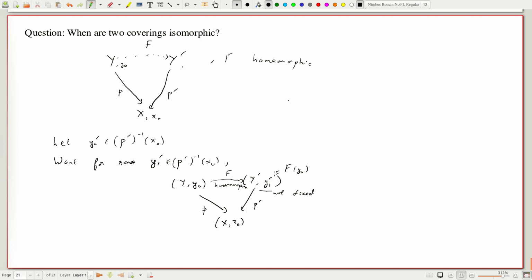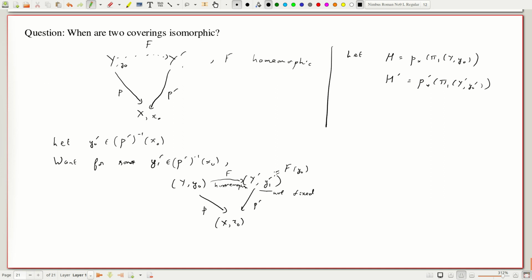But how does this help? Well, this helps in the following way. Let h equal, of course, p star of pi1 of y0, and h prime is p prime star of pi1 of y0 prime.